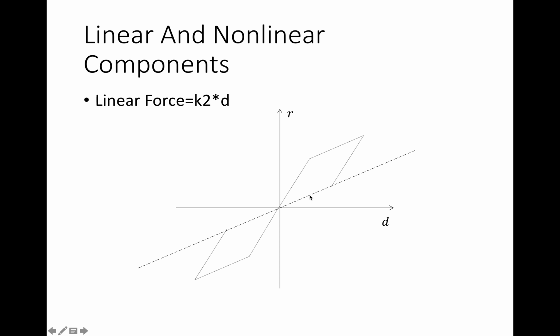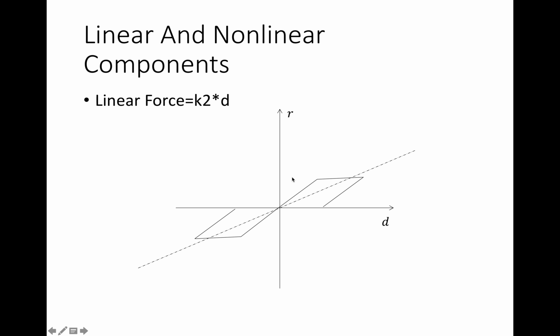It passes through the orange point, the cross point here, and this gradient is parallel to here, so this gradient equals K2. So its force can always be calculated, whether linear or nonlinear, by K2 multiplied by d. This is the linear part.